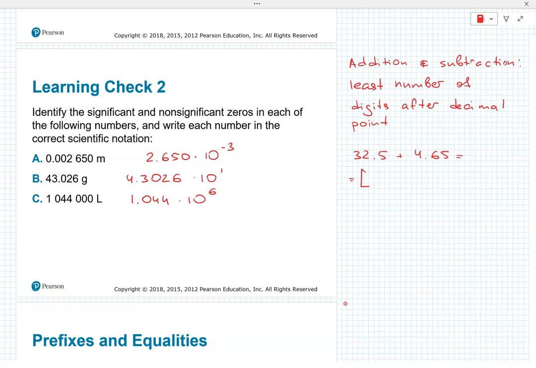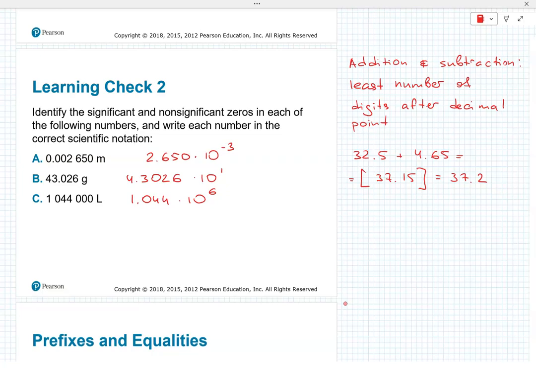If you add those two, what you're going to get is 37.15. If you do it on a calculator, this is what the calculator is going to show you. But how many numbers after the decimal point does the first one have? Only one. So you have to round it up. You have to write it this way. It wasn't the greatest example, actually. I rounded it up.